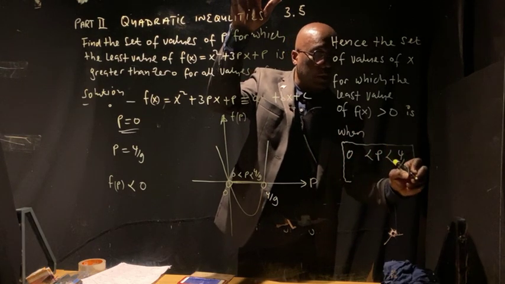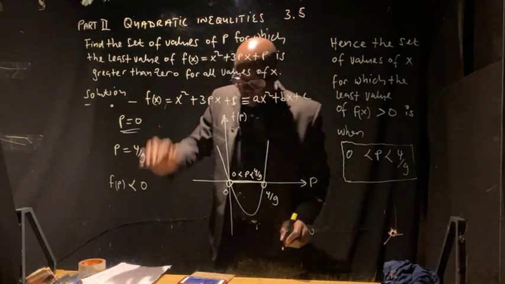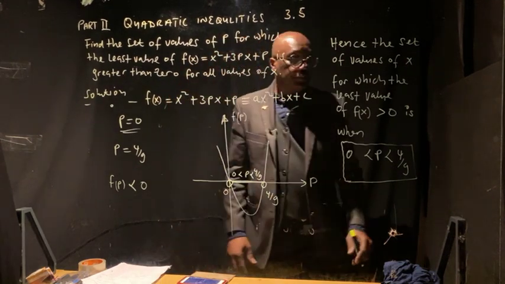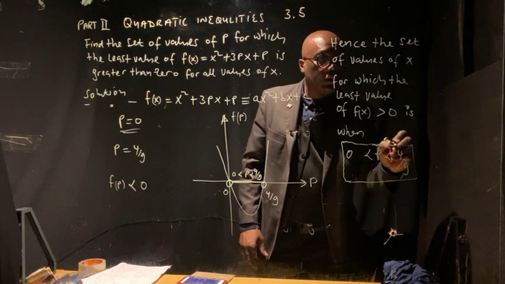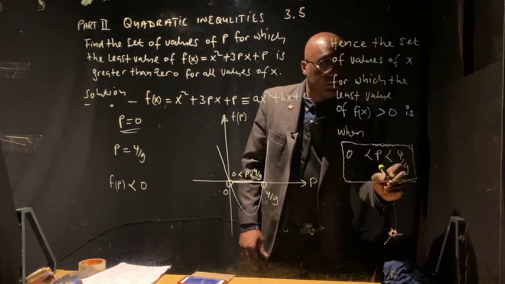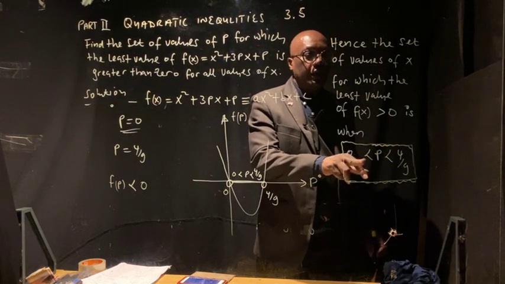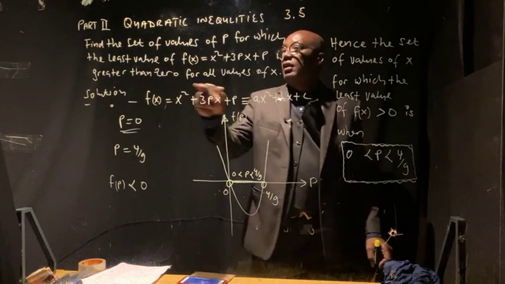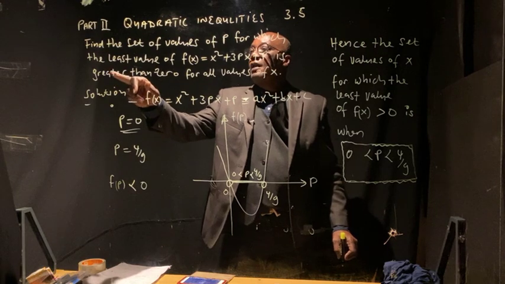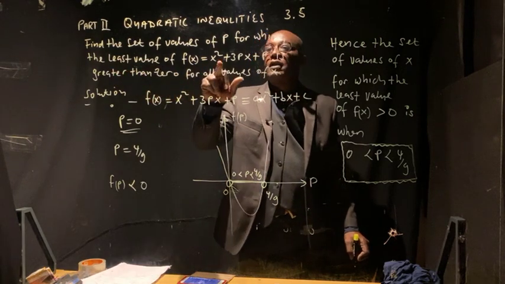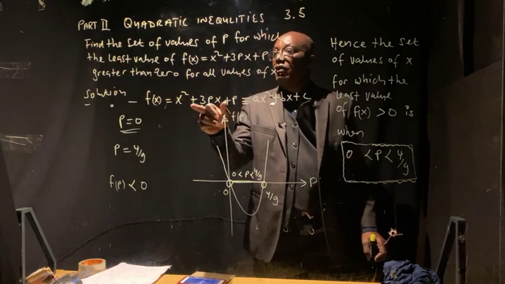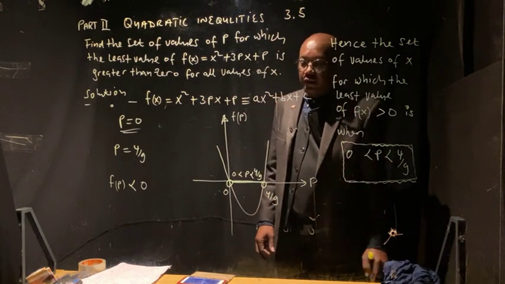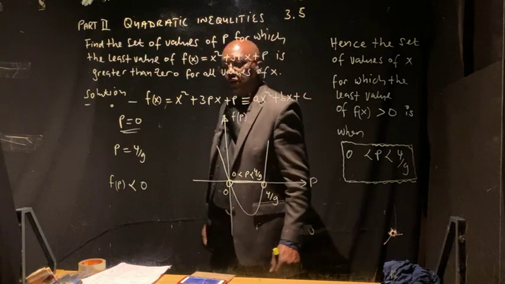This is the range. Good. This is the requested range. Within these values of p, then the least value of f of x will be greater than 0. Then we are done with that one.